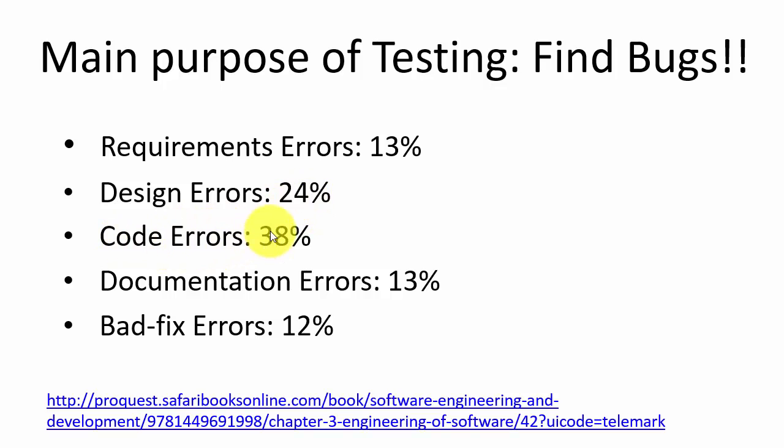In the coding, you typically have 38%. And in the documentation, you have typically 13%. And typically, bad fix errors, you fix errors, but then you create new errors. So typically here we have 12%.